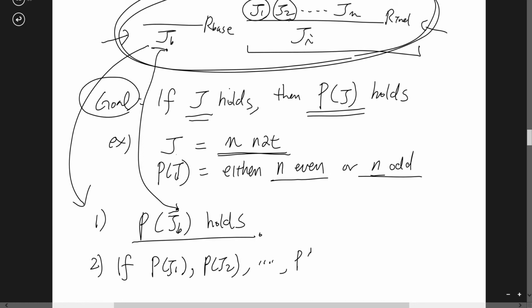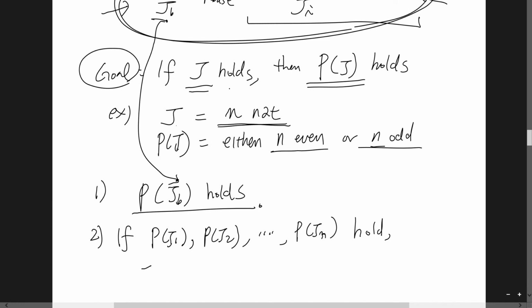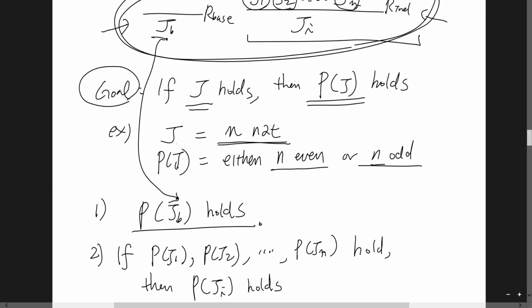And we have P of Jn, where Jn comes from here. So we assume that all these judgments hold. Then we show that P of Ji holds, where Ji comes from here.